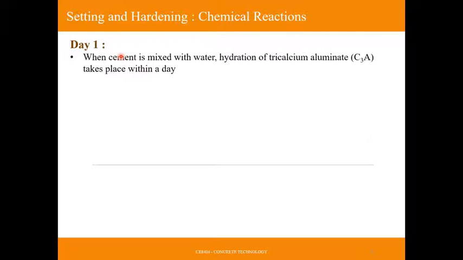During the first day, when the water is added to the cement, the hydration of the tricalcium aluminate takes place within a day. The paste becomes rigid, which is also known as initial set or flash set. So, the initial set or flash set is due to the hydration of the tricalcium aluminate.